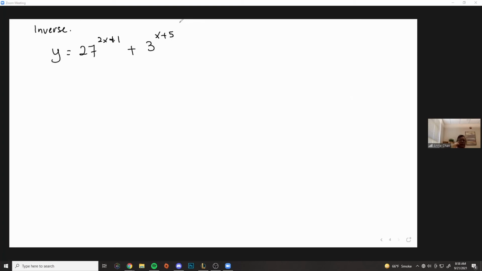What am I trying to do with this equation? Combining exponent? No, I'm actually using this problem to do more than just inversing.